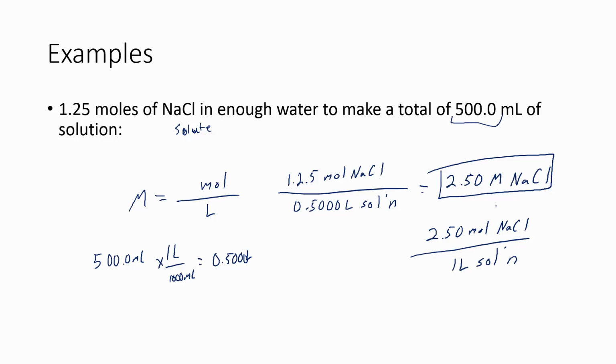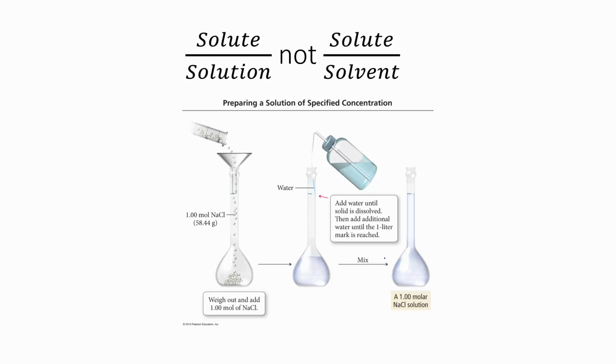We abbreviate that as capital M. So if I need to calculate a molarity for a solution, I just calculate the number of moles divided by the volume of the solution in liters. Now, the critical part here is that this is moles of solute per liter of solution, so the total of the combination of solute and solvent. This is not solute and solvent.